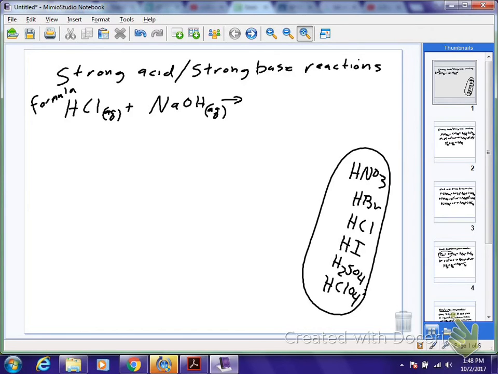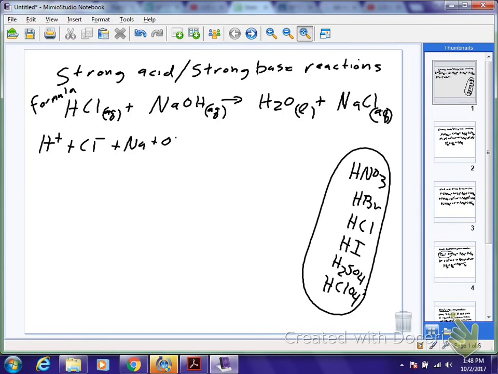Strong acids break apart completely, but we'll do the reaction. So you have H2O liquid with a strong acid and strong base, and then you have NaCl as the other combination, aqueous. And everything breaks apart: H plus, Cl minus, Na plus, OH minus.